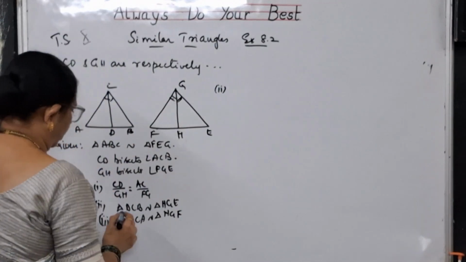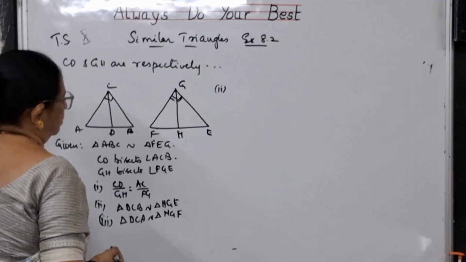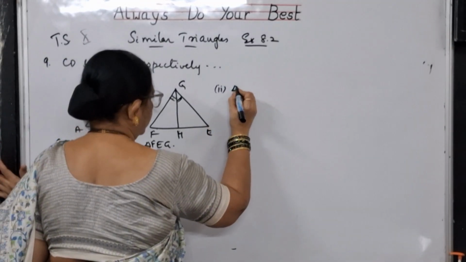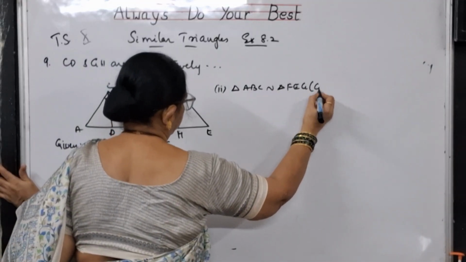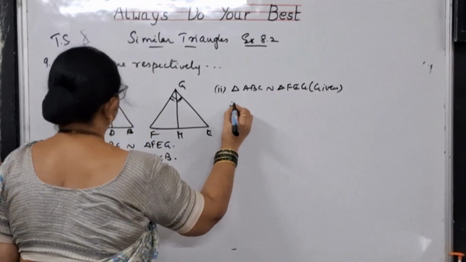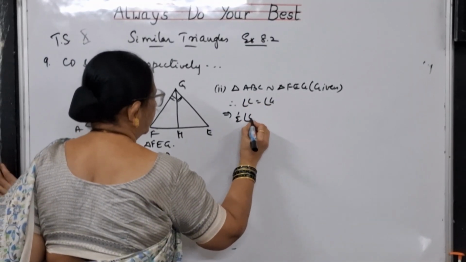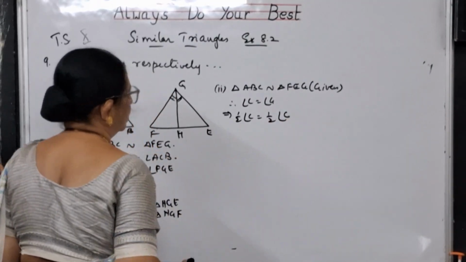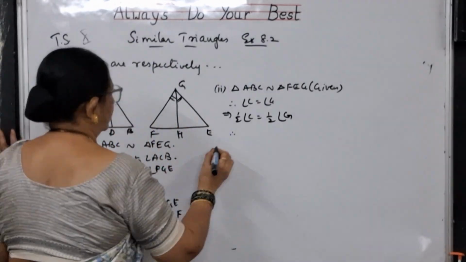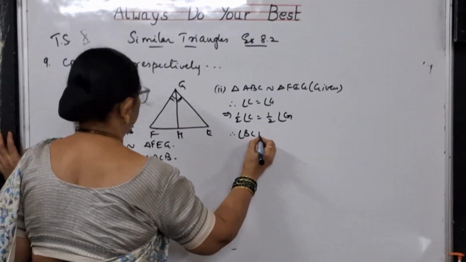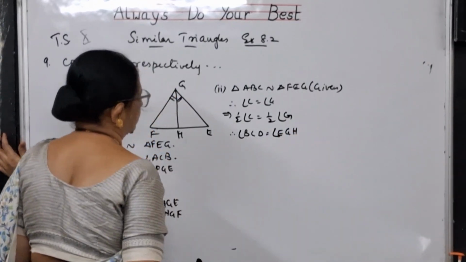The second bit is you have to prove that triangle DCB is similar to triangle HGE. This is also a similar way. We know that triangle ABC is similar to triangle FEG. This is given to us. Therefore, angle C is equal to angle G. This implies half of angle C is equal to half of angle G. So here, half of angle C, I will take now this side angle, that is angle BCD, is equal to angle EGH.